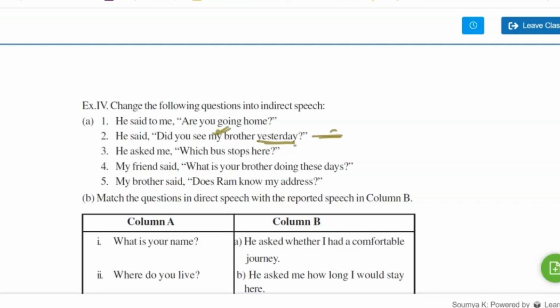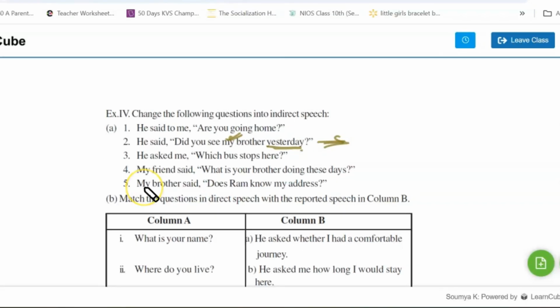That is the best matching sentence. He asked me which bus stops here. So it would be, he asked me which bus stopped there. That can be a matching thing. Or you can say, he inquired of me which bus stops there, or which bus stopped there.